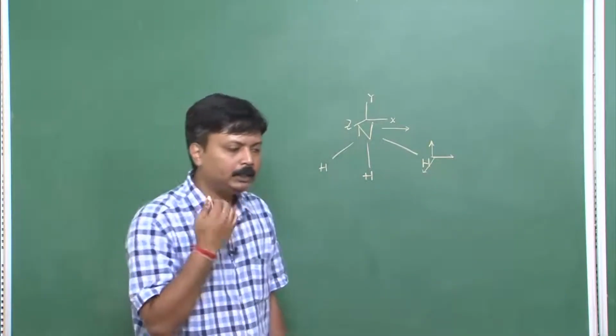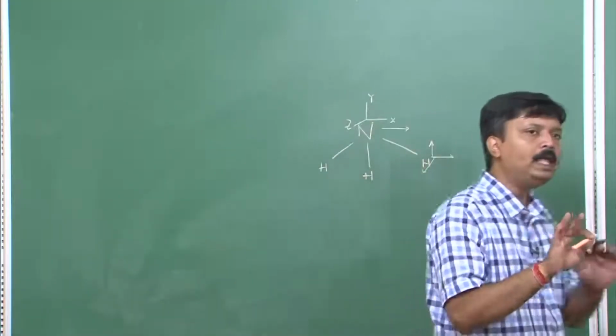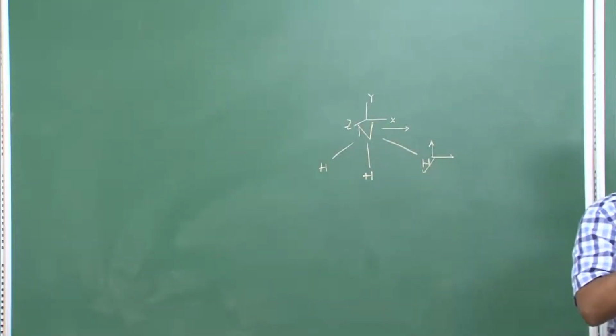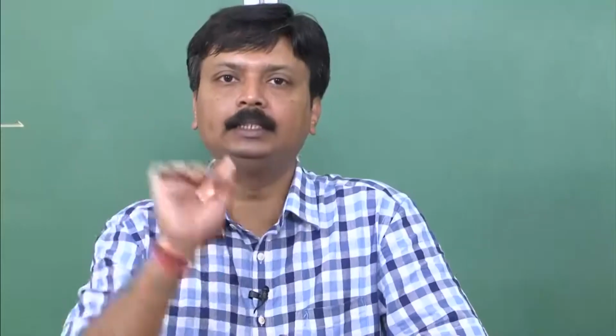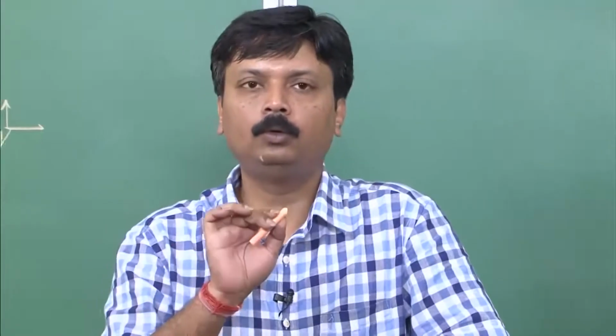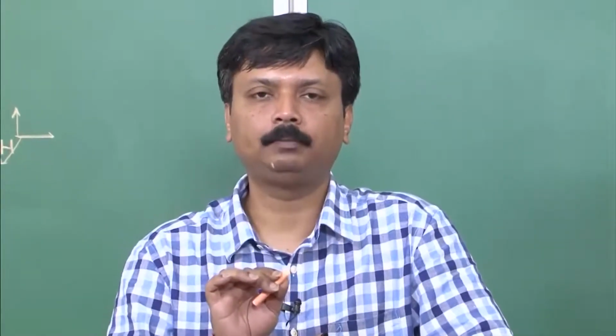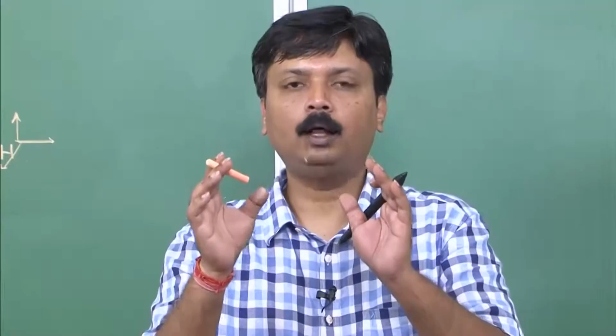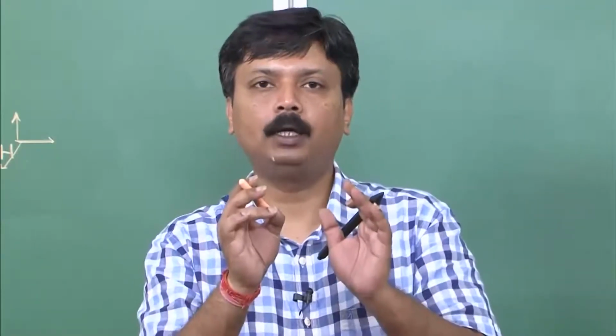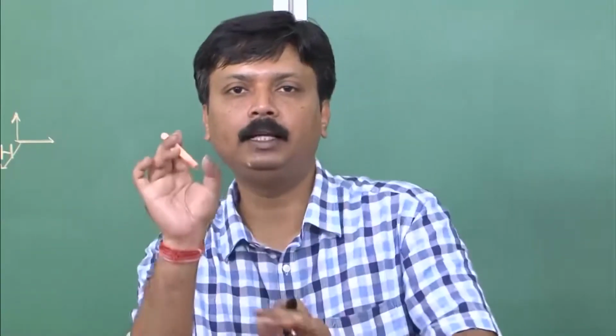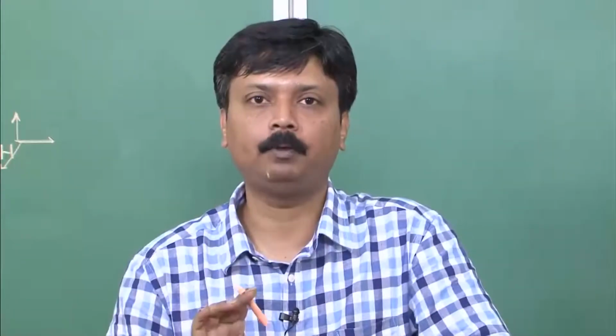Now suppose a situation when all the atoms start moving in the x direction by a definite amount, fine. What happens in that case? You are moving the center of mass in the x direction by that definite amount, meaning the whole molecule is translating in the x direction by a definite amount. I can do the same thing in the y direction as well as in the z direction.